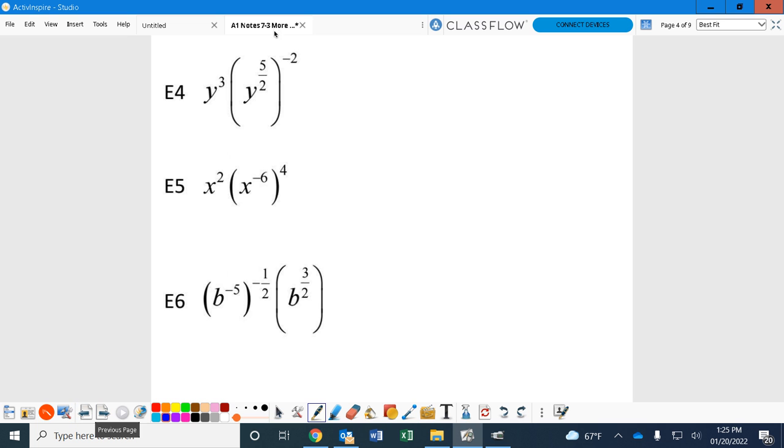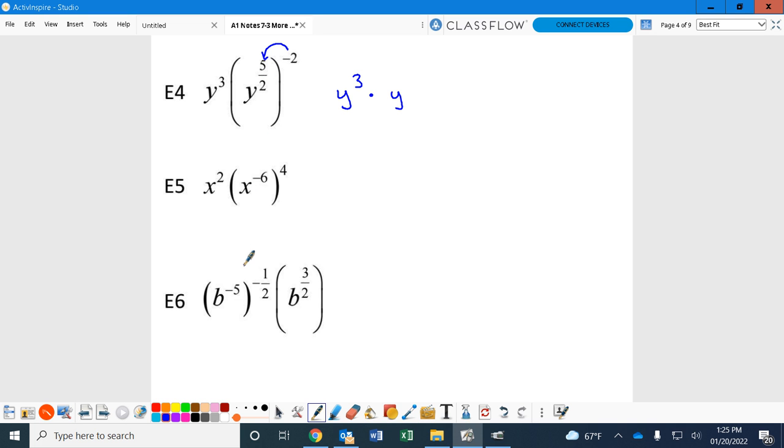Guys, this is the two rules combined. Listen to me. This is the stuff from before combined with this stuff. Here we go. You have this power on power to this one right here. Is the y to the third inside that parentheses? No. So you just rewrite the y to the third, and it's going to be multiplied by y to the, and then we have to multiply this -2 times this 5/2.